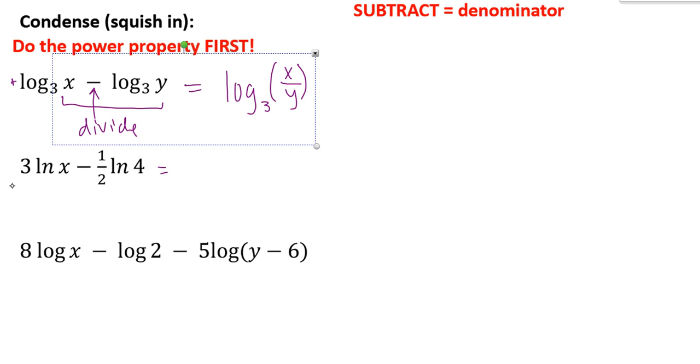Okay, this one now. Powers are going to be done first when you're doing this. Here's why. If I were to join this into a fraction right now, it would look like 3x right here and 1/2 4 right there, and that's not what it is. The 1/2 is a power. So first thing first, these guys are going to go on back over and become their powers again.